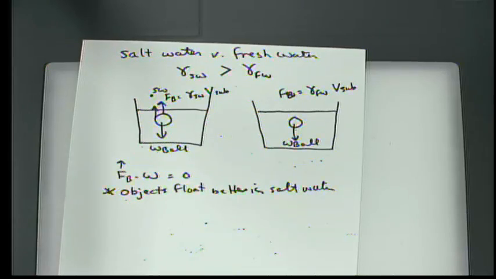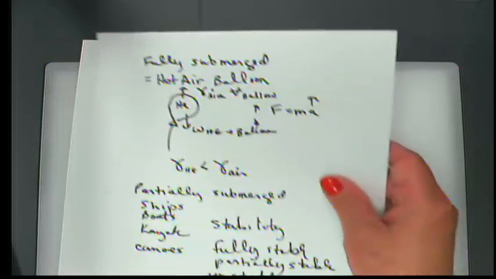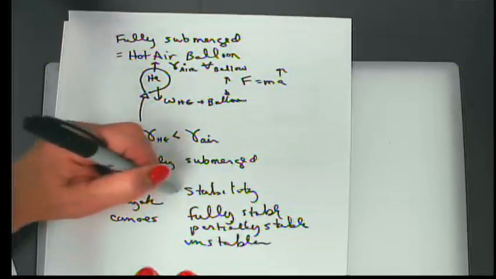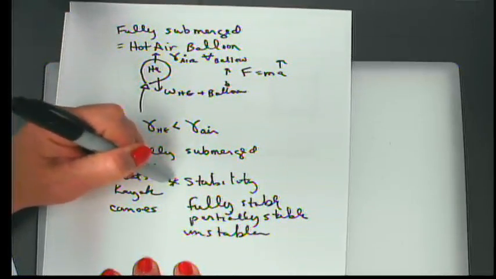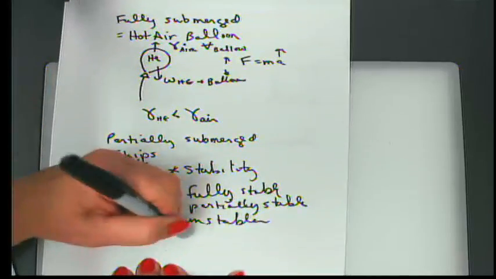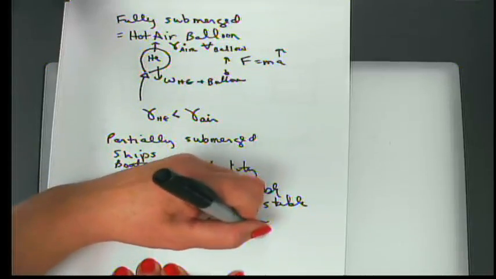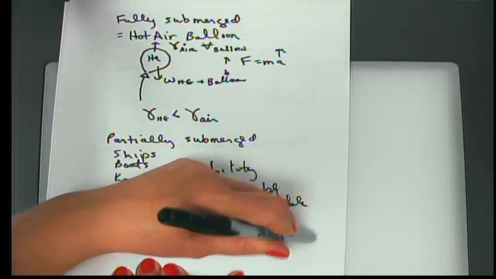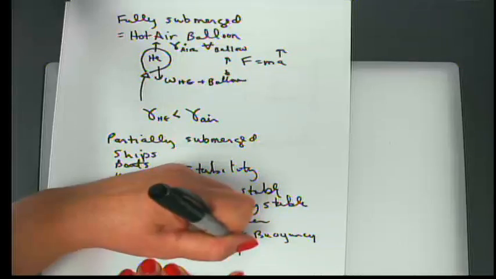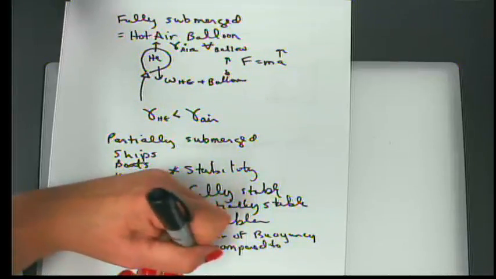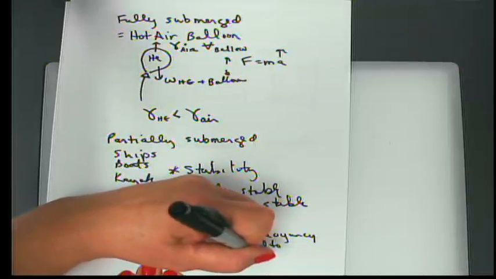All right, so there's a couple of other consequences of buoyancy. One of the consequences of buoyancy is that objects can tend to be more or less stable, depending on what is called the center of buoyancy, compared to the center of gravity.